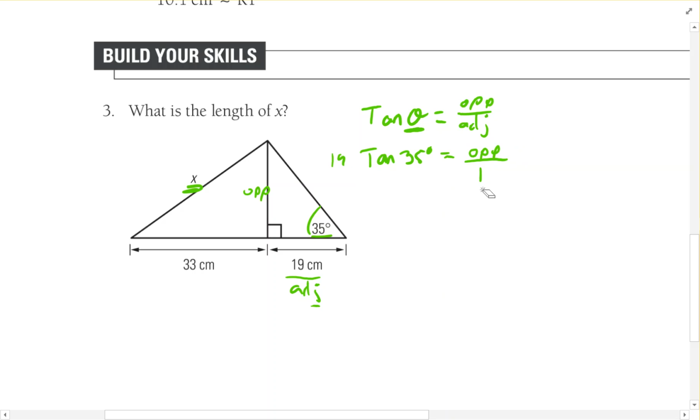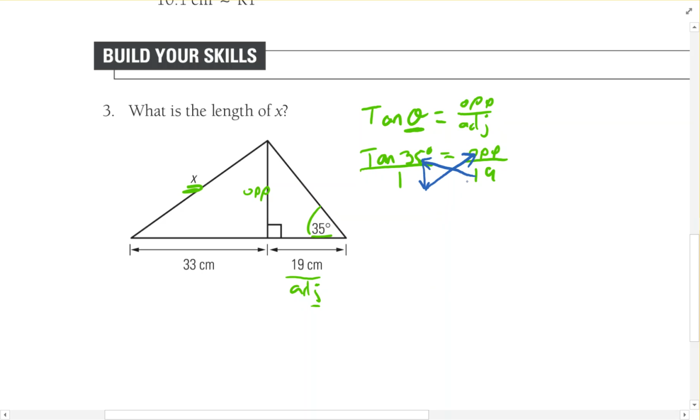If you want a slightly easier way of thinking about it, I've shown some of you this: if you write tan 35 over 1, then we can do our cross multiplying. So if you've got 19 in the bottom, it will be 19 times tan 35 divided by 1 that gives you the opposite.